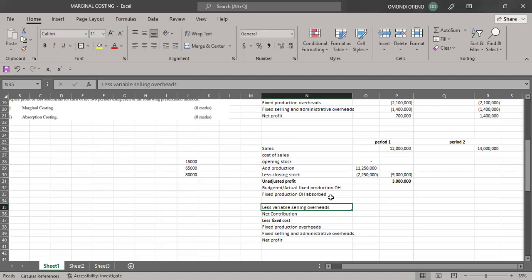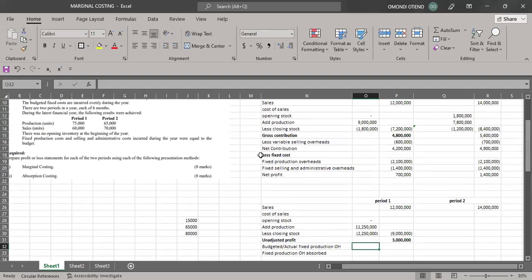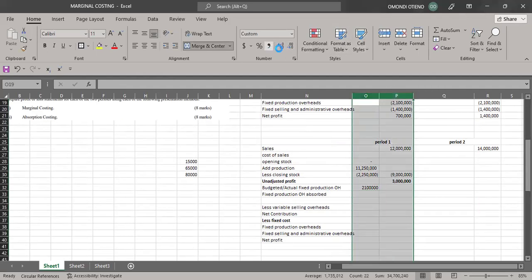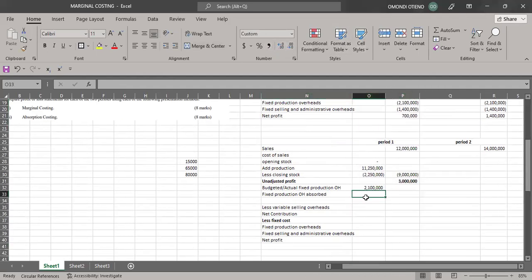The budgeted fixed production overhead, of course, we add it up here. Our fixed production overheads, the budgeted amount, is 2,100,000.